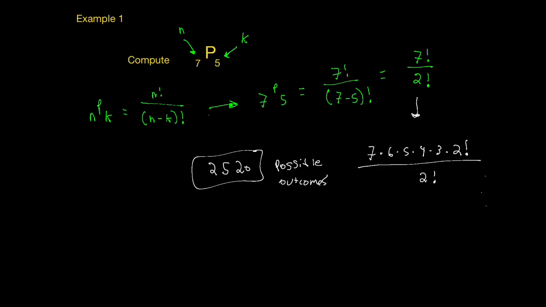Now I have something on the top that's similar to something on the bottom, so we can cancel those out. And here I'm left with the 7 times 6 times 5 times 4 times 3, which is what you would have gotten if you would have taken the placeholder route. If this was a word problem, you could have done the placeholder route, and this is what you would have gotten. And then just multiply these together, and you're going to get 2,520.